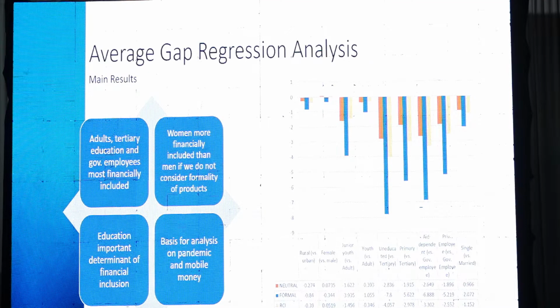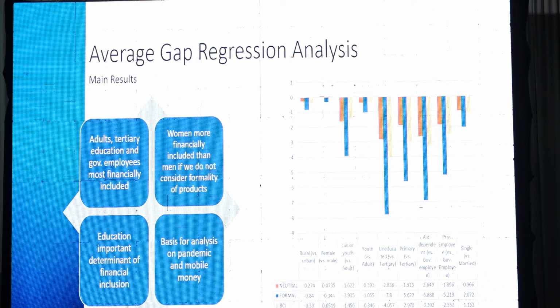So we see again the main results also here when we compare all the characteristics together. What we notice or what we can see is that when we control for all characteristics, including, for example, the province of residence or also the wave, we see that the financial exclusion of, for example, females is very limited.